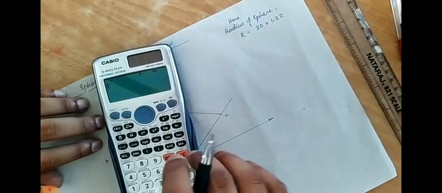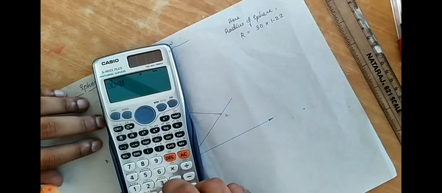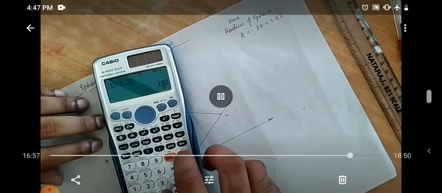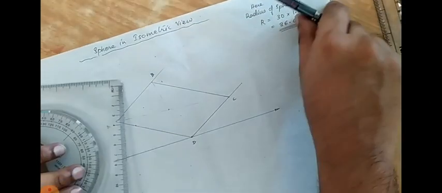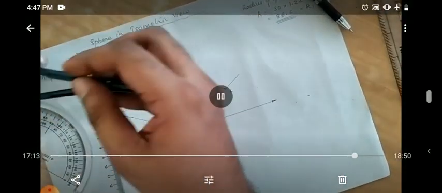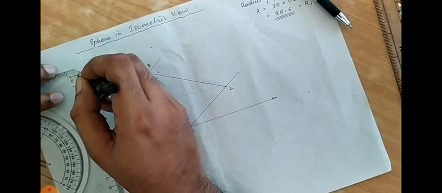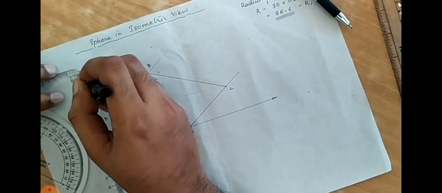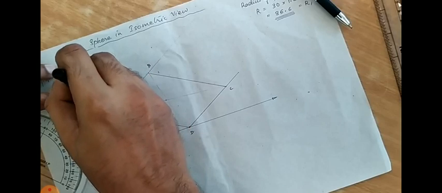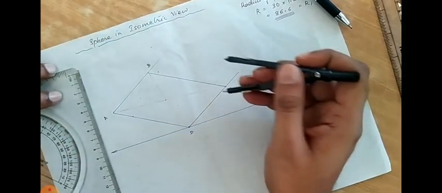So the distance will be equal to 30 itself. Now from the center of the sphere we have to take the radius. Now the radius is multiplied by 1.22 in the isometric view. Again I am repeating, this is the case for only spheres.